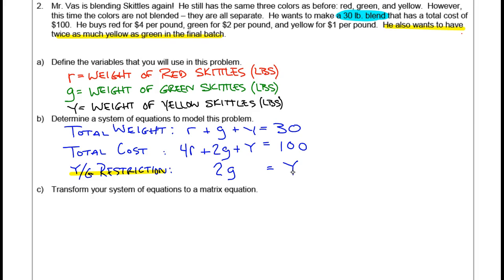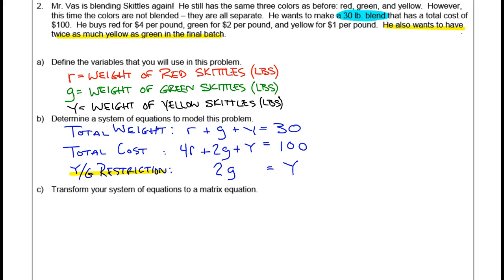First of all, I want you to think through the logic behind that. If he wants to have twice as much yellow as green, that means you have to double the green to equal the yellow. Now that you've had a chance to think about that, think about why I can't leave the y on the right-hand side. The reason is that we have to have all the variables on the left and all the constants on the right.